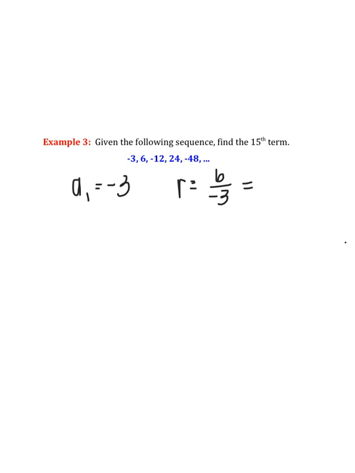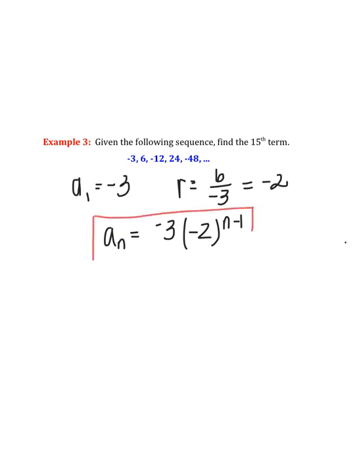So in this case, my common ratio is -2. So my explicit formula is a sub n is equal to -3 times -2 to the n minus 1 power.